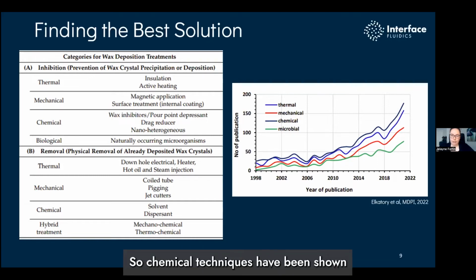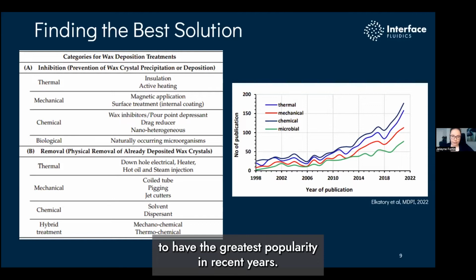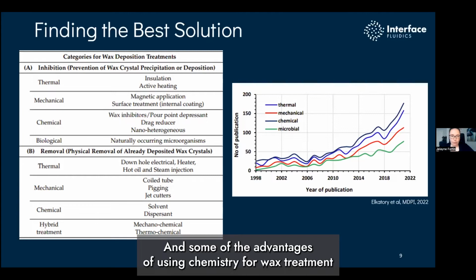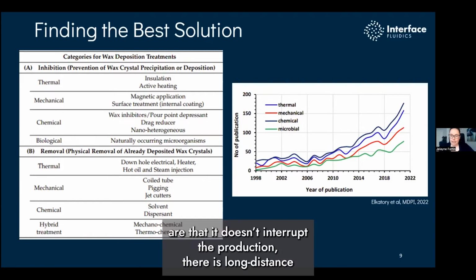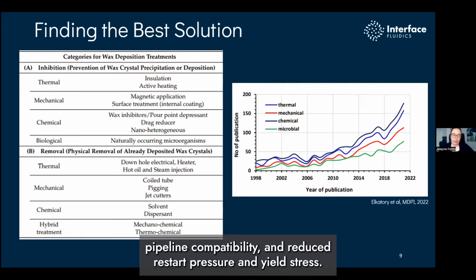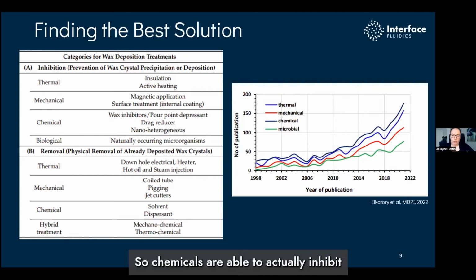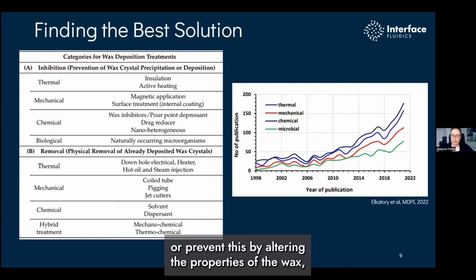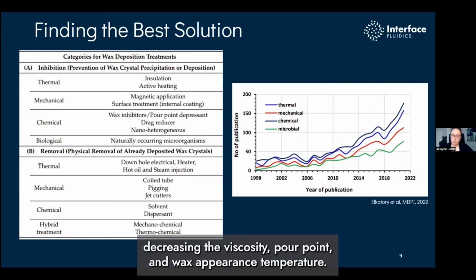Chemical techniques have shown the greatest popularity in recent years. Some of the advantages of using chemistry for wax treatment are that it doesn't interrupt the production, there's long distance pipeline compatibility, and reduced restart pressure and yield stress. Chemicals are able to inhibit or prevent this by altering the properties of the wax, decreasing the viscosity, pour point, and wax appearance temperatures.